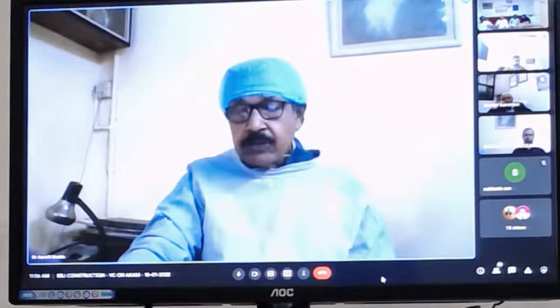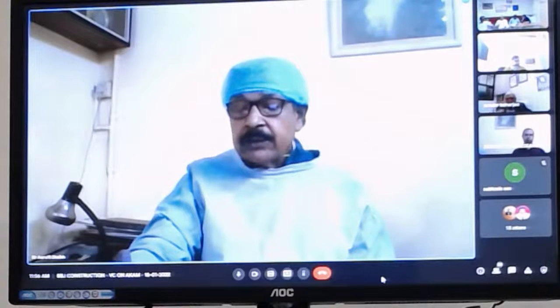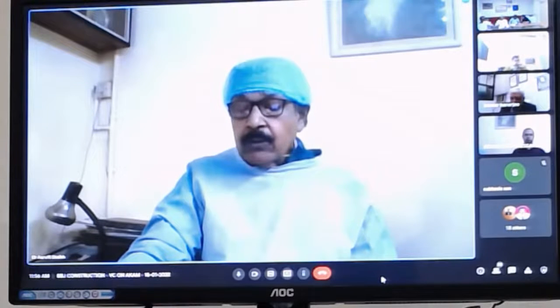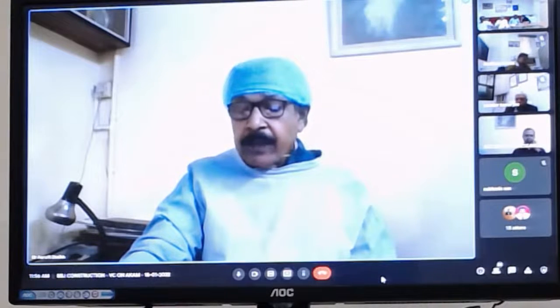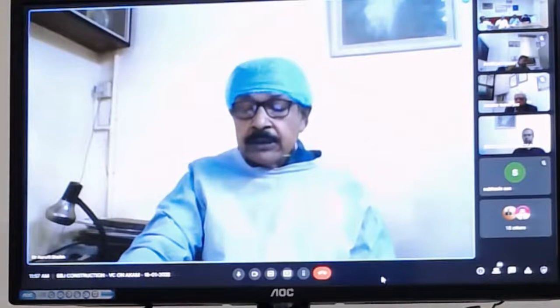In divergent squint, they are short-sighted, they can't see far things clearly. So in those cases, we give them minus power, and with the minus power the squint sometimes gets corrected. If there is squint even after correction, then surgery is done.